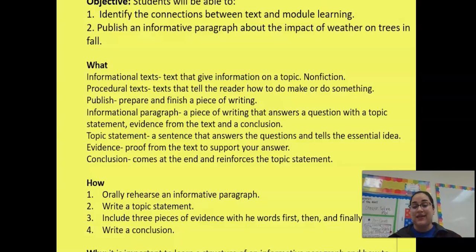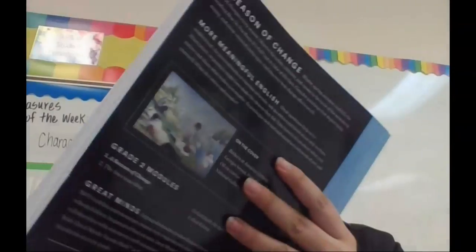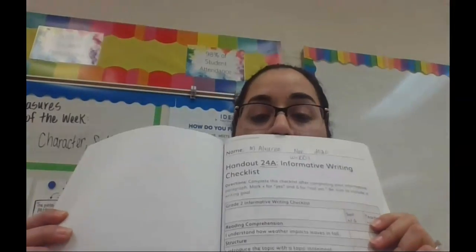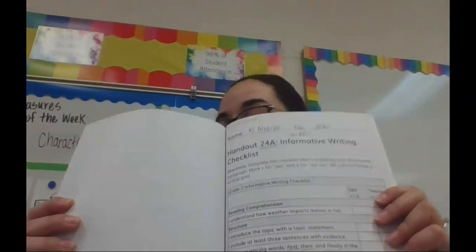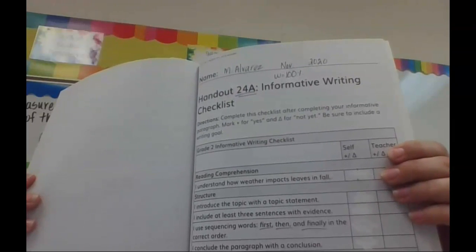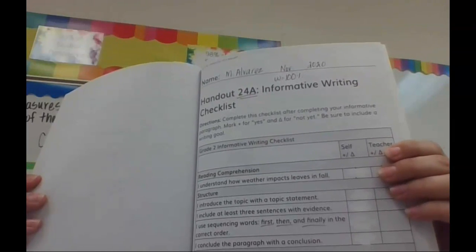At this time, what you need to do is get your blue workbook. You need to get your blue workbook, and you are going to open it to handout 24A. Blue workbook, handout 24A. Okay, blue workbook, handout 24A.